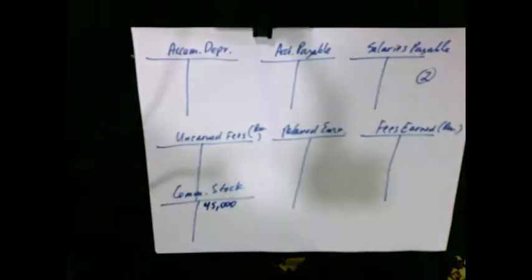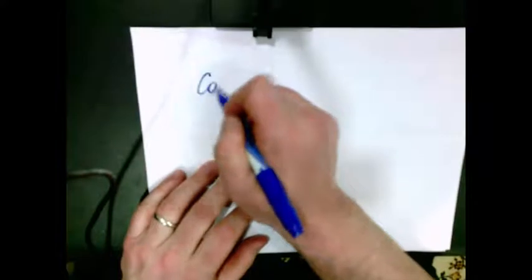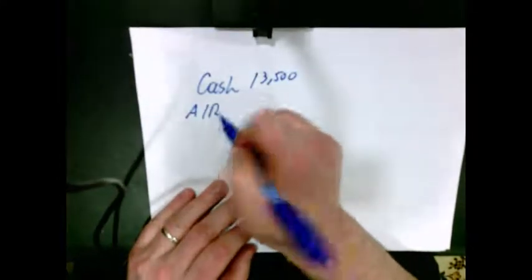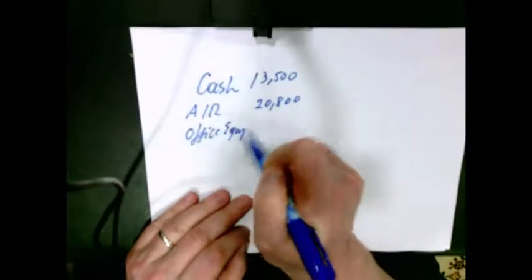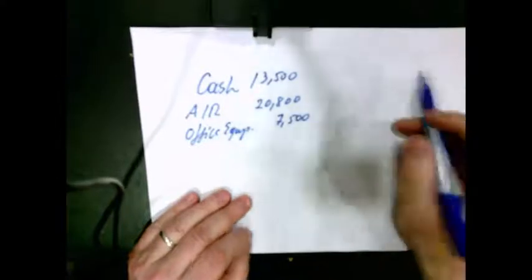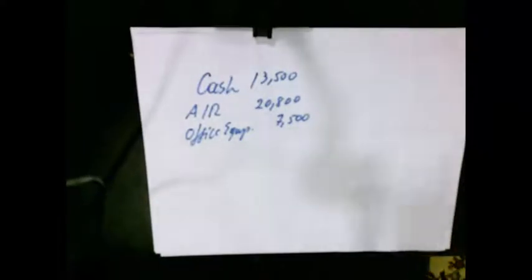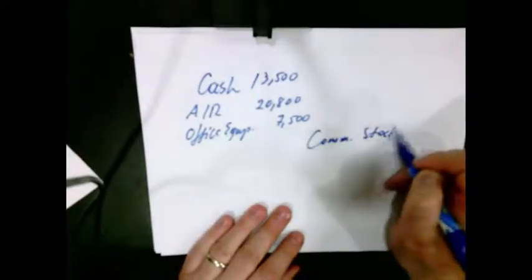But if you wanted to book the journal entry for this, and I'm going to do it for this one because it's a little more complex: debit cash $13,500, AR $20,800, supplies $3,200, office equipment $7,500, and the credit goes to common stock of $45,000.